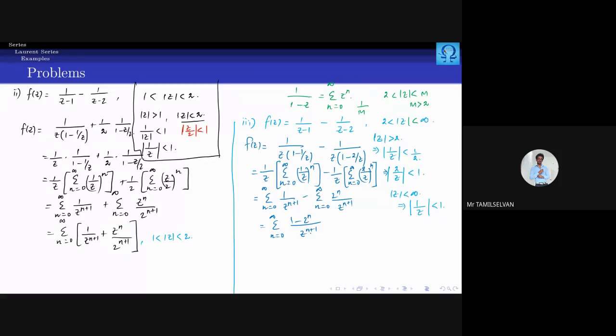If we wish to have z to the power n in the denominator, we can have summation n runs from 1 to infinity 1 minus 2 to the power n minus 1 upon z to the power n. Am I right? Is the calculation understandable? Yes, sir.